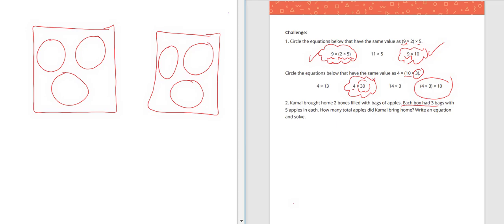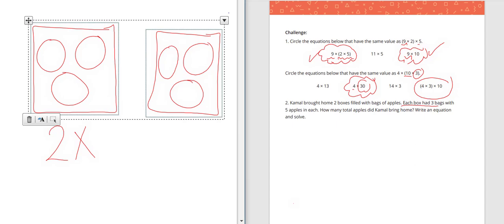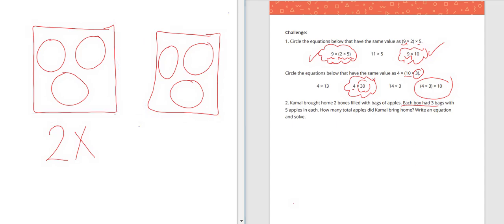Each box has 3 bags. It means we have 2 boxes, each box times number of bags. Here we have 3, here we have 3. So times 3. But our exercise not finished yet. So complete reading with 5 apples in each.